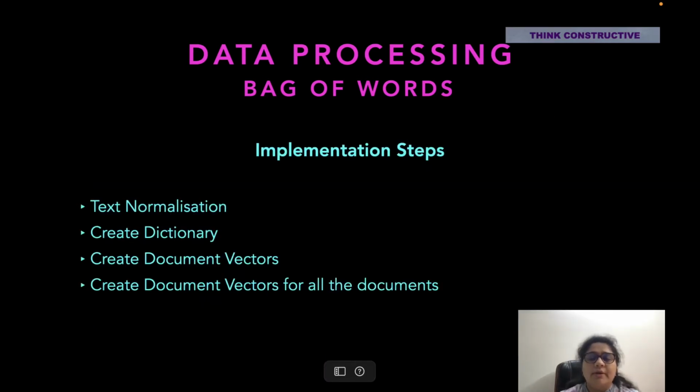So here are the implementation steps of the bag of words algorithm. The first step is text normalization. This step I have already covered in session 3 in great detail with all the examples. So I would again suggest, if you haven't seen that yet, please go ahead and see session 3, where you will understand text normalization in detail with examples.